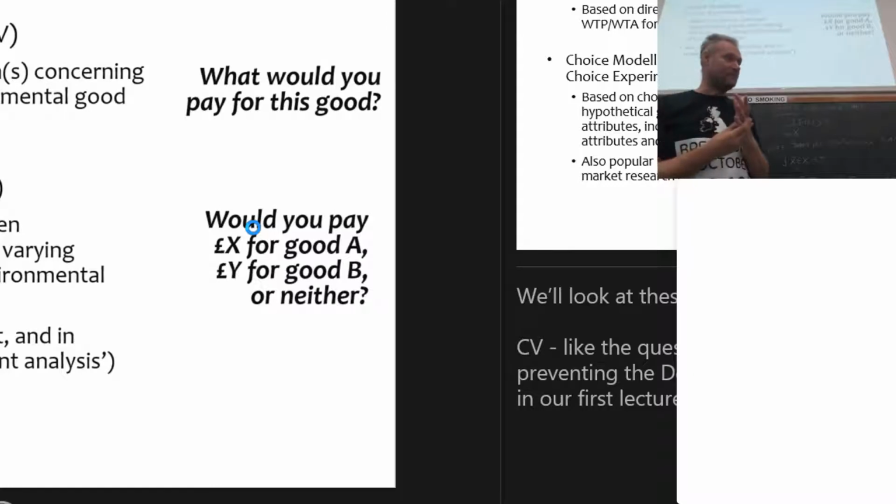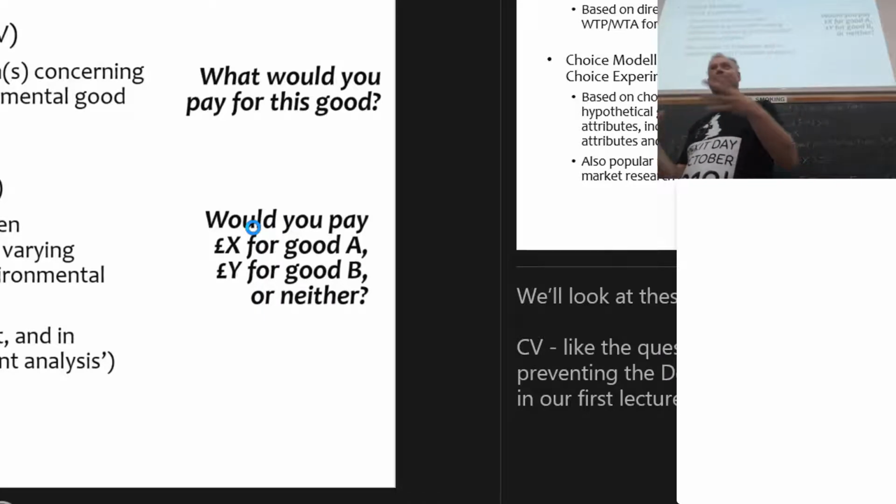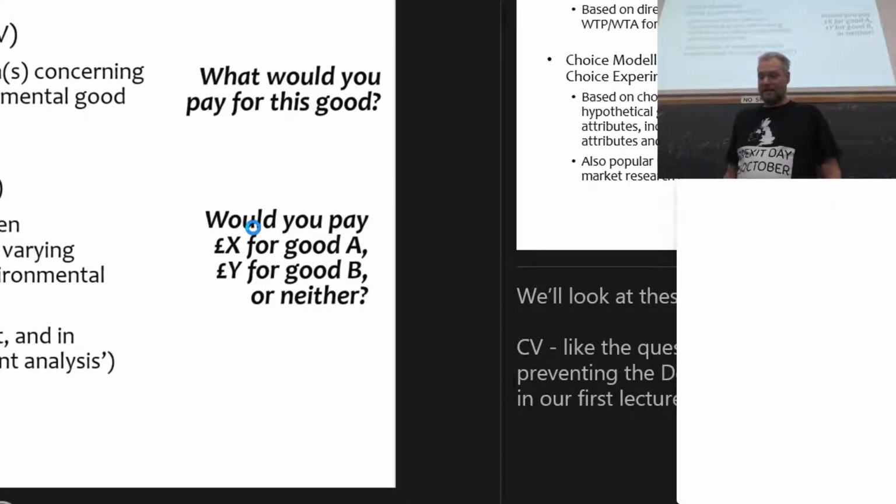And then the second set of methods, that is something of more recent times, is you essentially do the same as we do in marketing. You present people with a bundle of attributes, and then you give them options to choose from, and they vary obviously because otherwise there's nothing to choose.